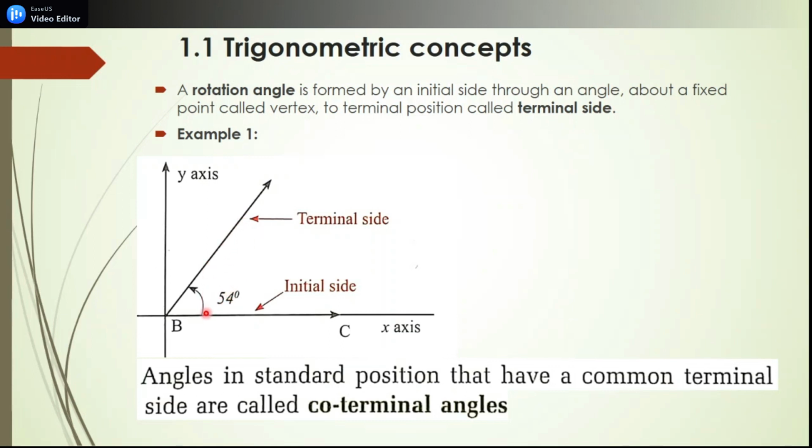Then another angle can be made by rotation and meet the first terminal side at the same point. You can make many angles which have the same terminal side. Those angles are called coterminal angles.